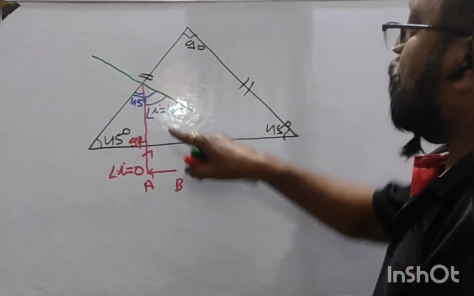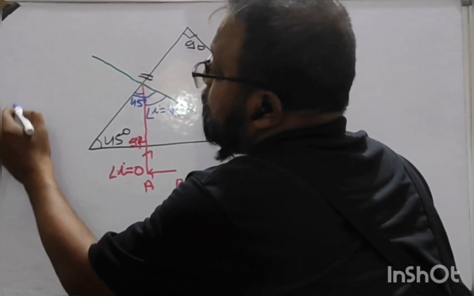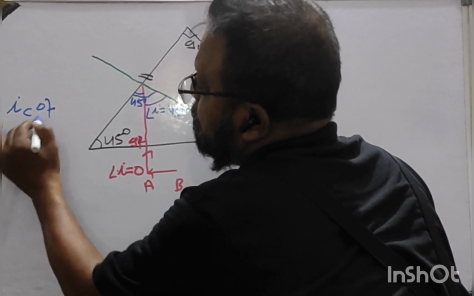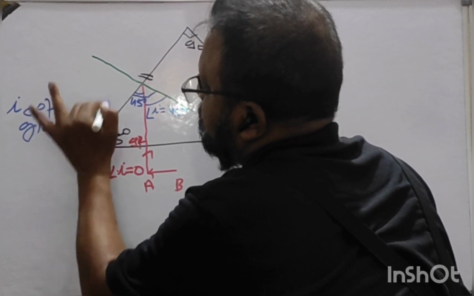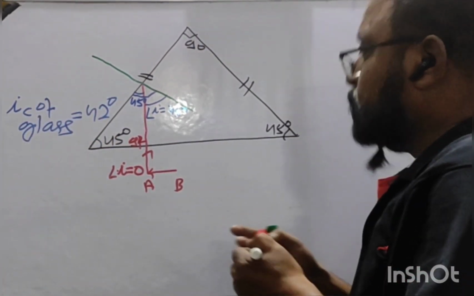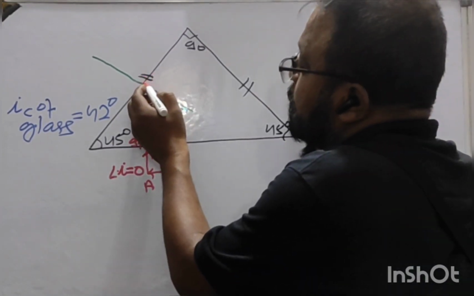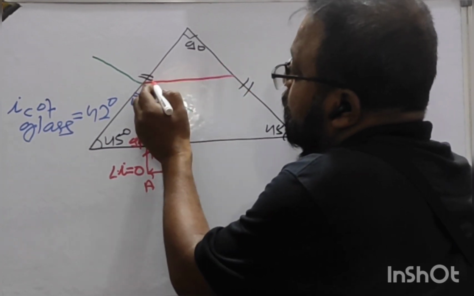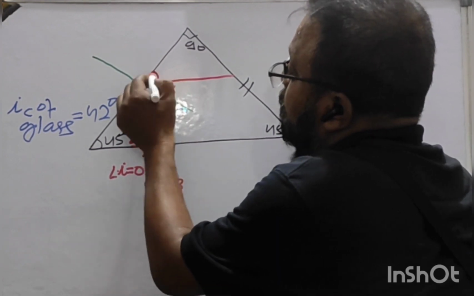So the angle of incidence is greater than the critical angle. IC of glass is 42 degree, and it is greater than that. So total internal reflection takes place. The light ray gets reflected back. It is 45 degree and it is 45 degree.